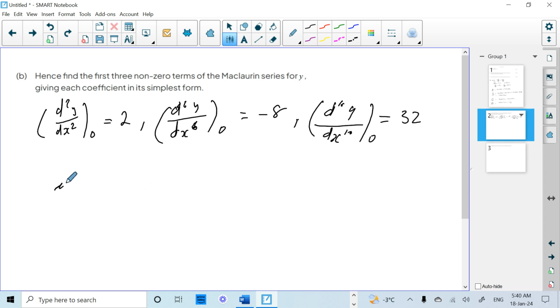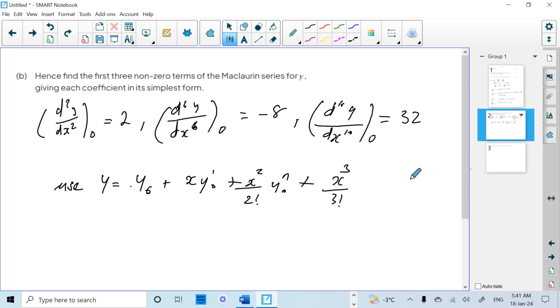And now I go to the formula booklet and I use the Maclaurin series formula, which says y equals y(0) plus x y prime(0) plus x squared over 2 factorial y to the n at 0, plus x cubed over 3 factorial, and again y to the n at 0, which is our limits.